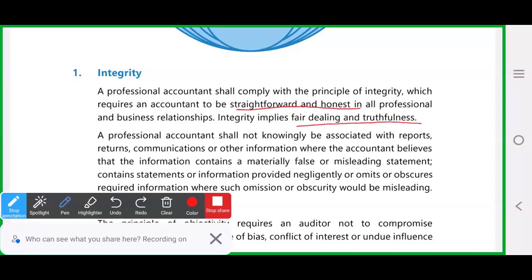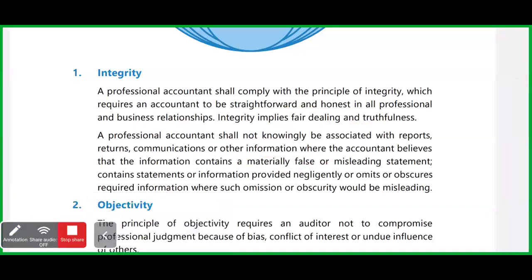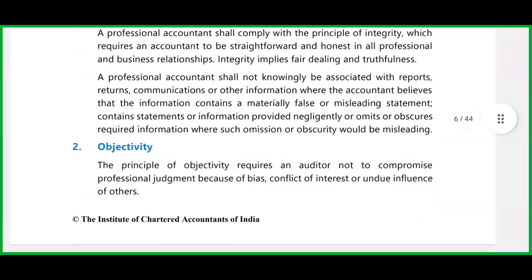A professional accountant shall not knowingly be associated with reports, communications, or other information where the accountant believes that the information is materially false or misleading. So, what is integrity? Integrity is basically a principle wherein a chartered accountant needs to be honest, straightforward, and very fair in all his dealings.